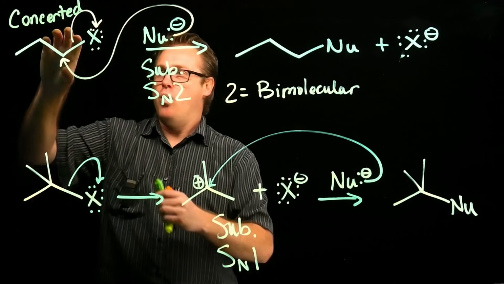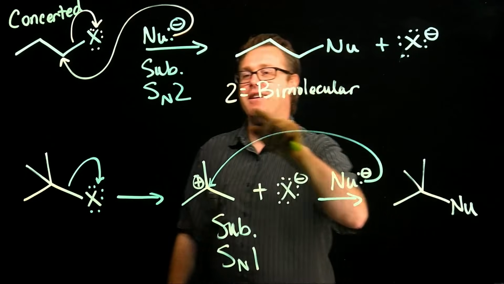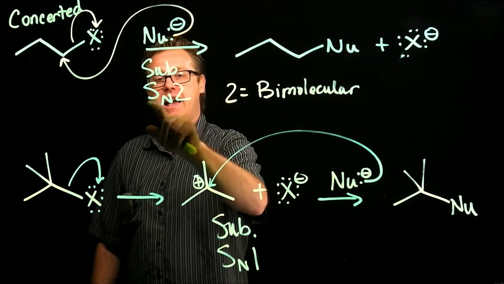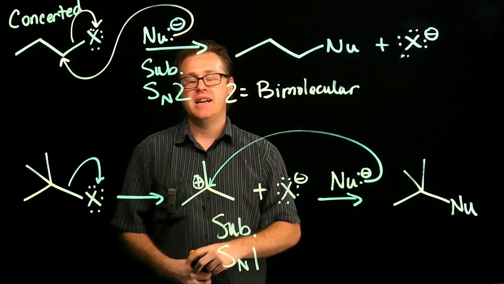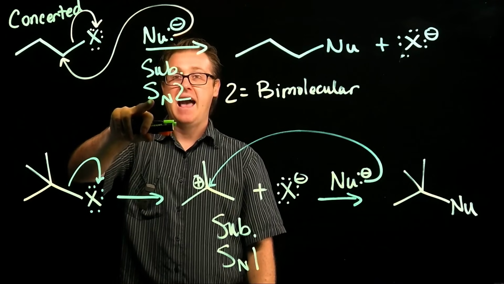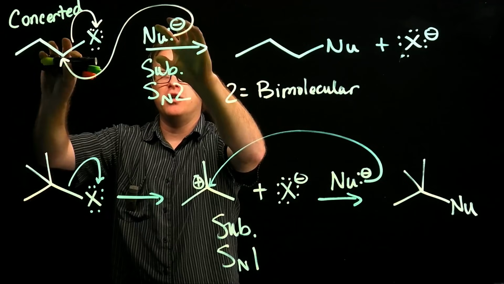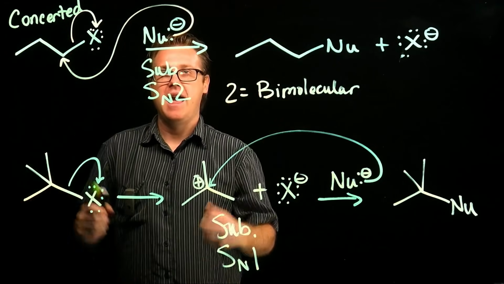And since we have 1, 2 bimolecular, so we put a 2 there, SN2. And that's telling us that this substitution reaction is happening in a concerted fashion. 2 molecules are coming together and reacting.